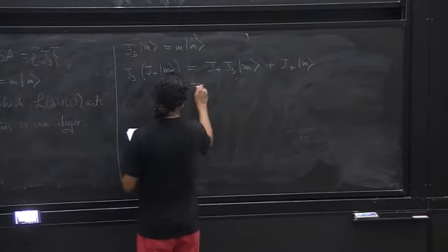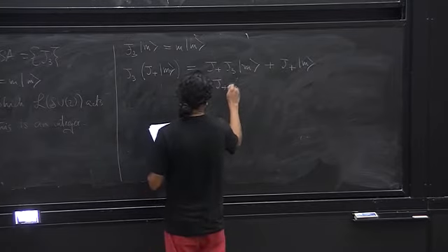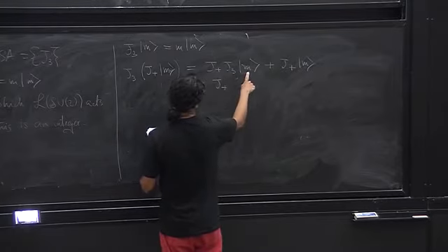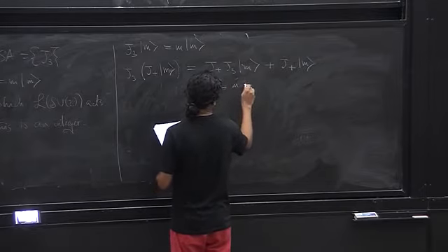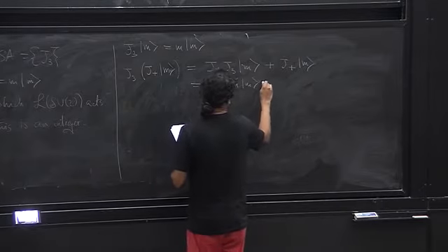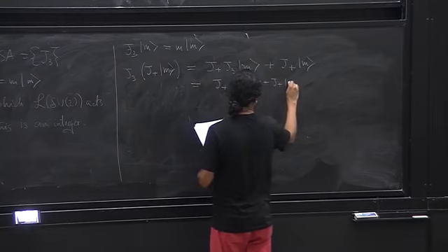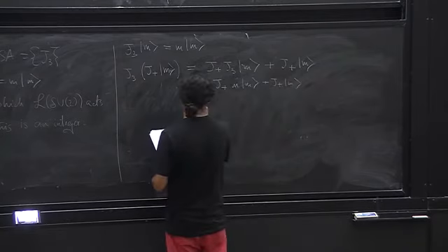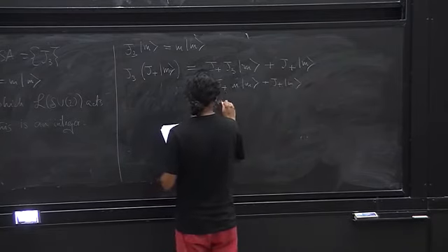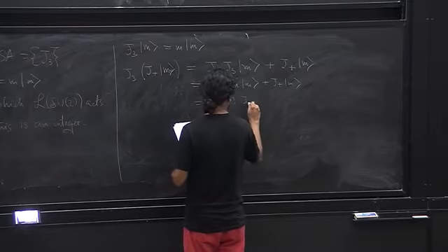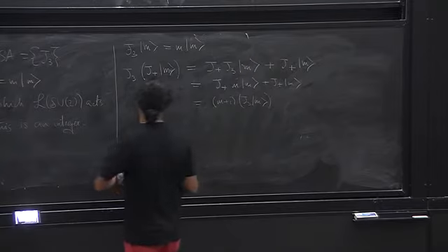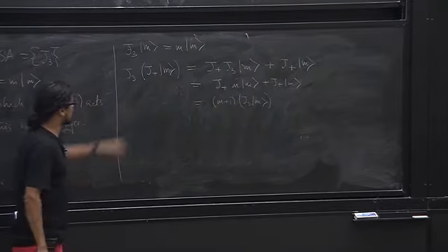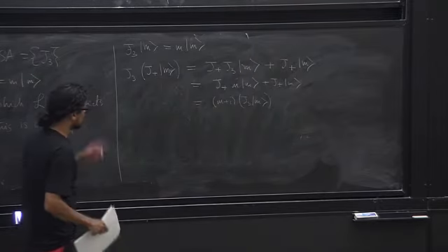J3 acting on m gives me m, and this remains the same. So I can write this as m plus 1 times J plus of m. This means that J plus increases the J3 eigenvalue by 1.